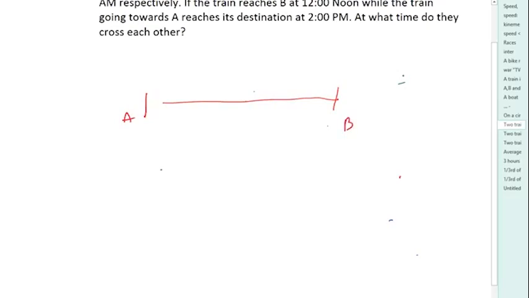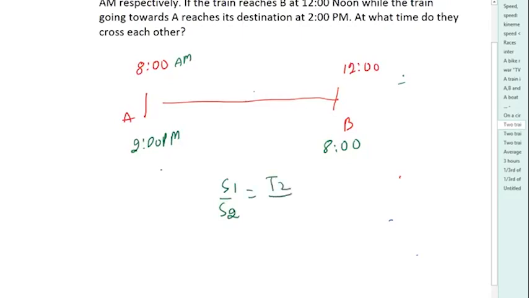A and B. One train starts from A at 10, reaches at 12. Another starts from B at 8 and reaches at 2 p.m. What we know first is this: given the distance is constant, S1 by S2 will be equal to T2 by T1.